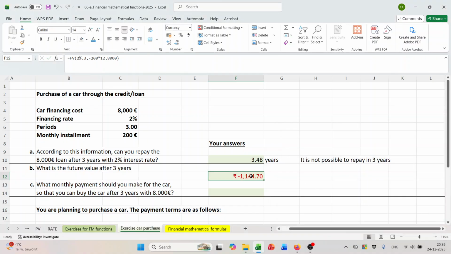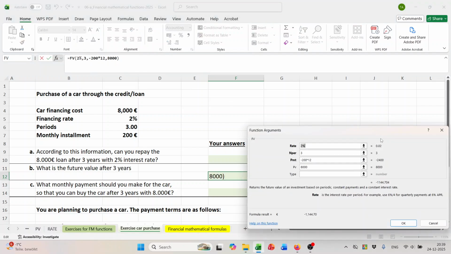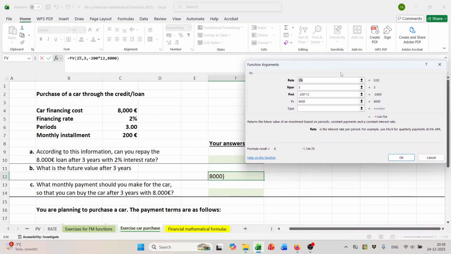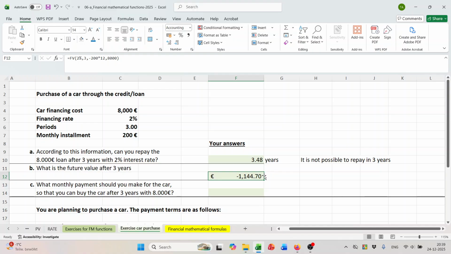Let's see, in euro. So yeah, after 3 years we will still have to pay 1,144 euro.